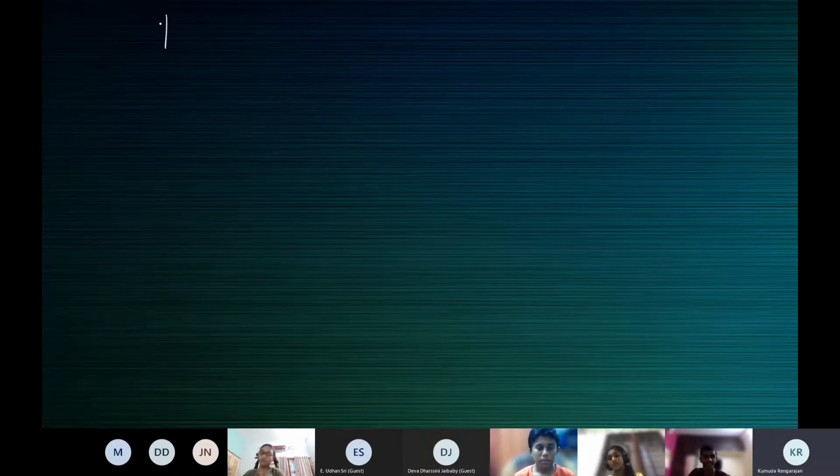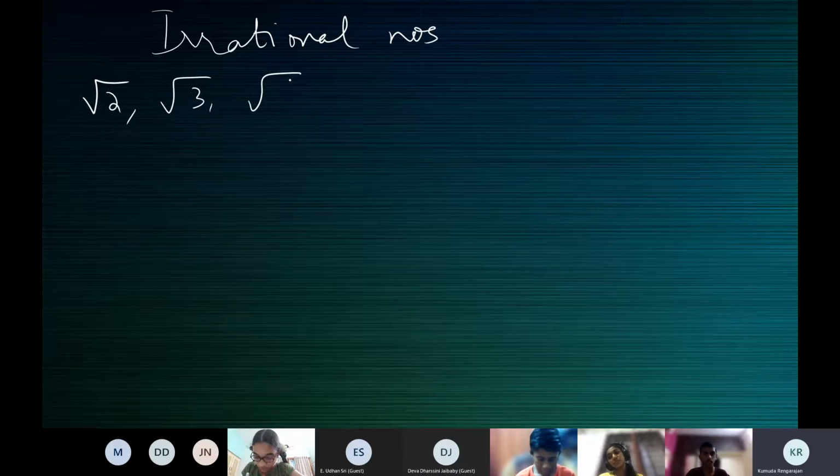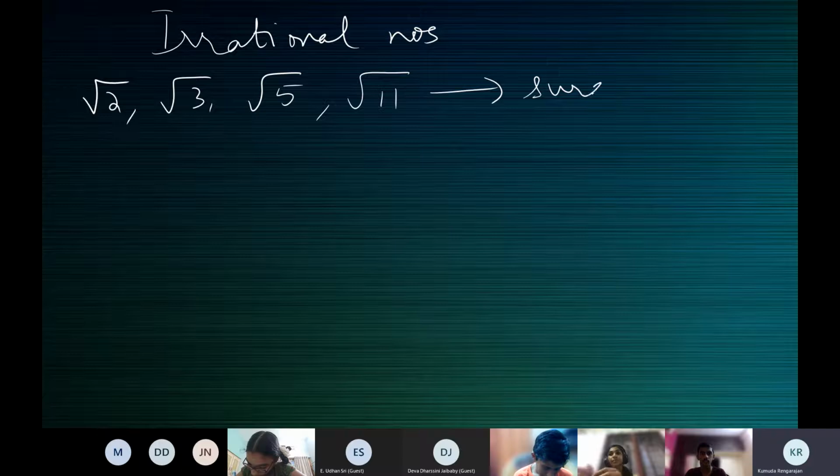Now, coming to irrational numbers. Expressions like √2, √3, √5, these we know have a non-terminating, non-repeating decimal expansion. These are called surds. Like we say like terms, we say like surds and unlike surds here.